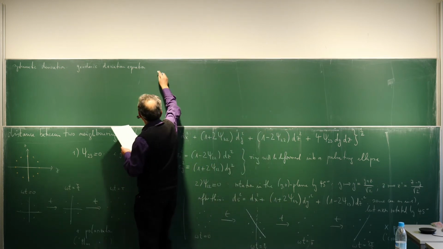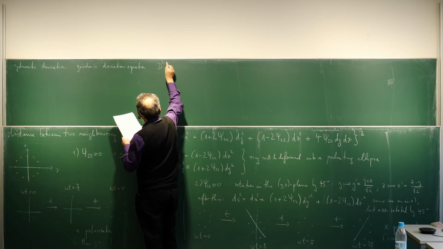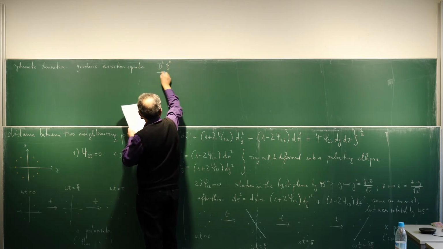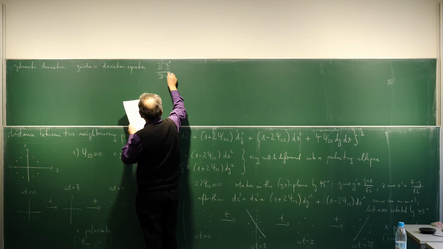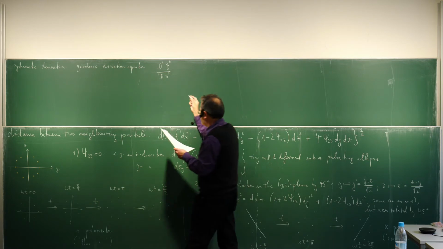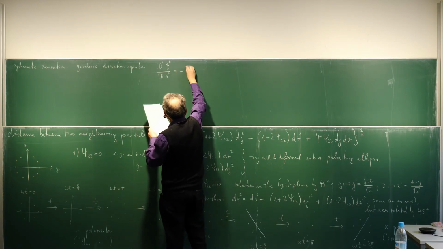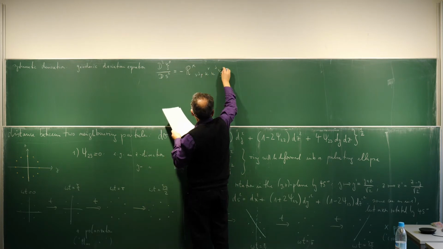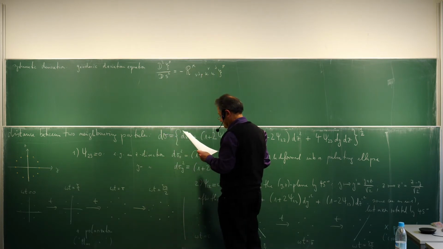Recall, this is an equation for the relative distance, and if this vector is psi mu, then it's an equation for the second covariant derivative, the acceleration, and the strength is given by the Riemann tensor, and u is the 4 velocity.